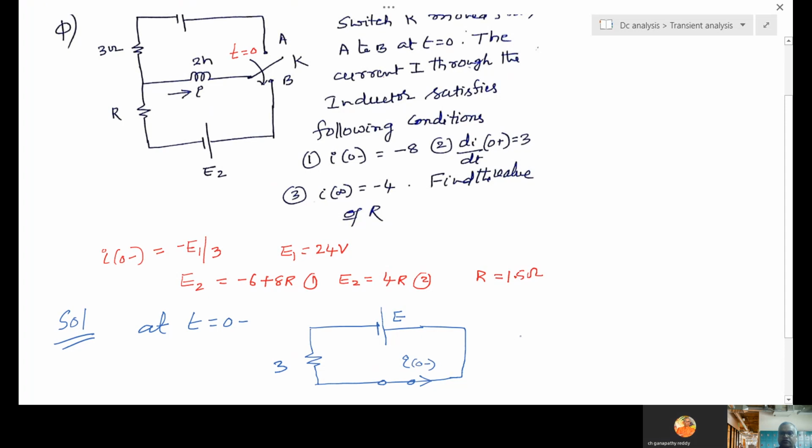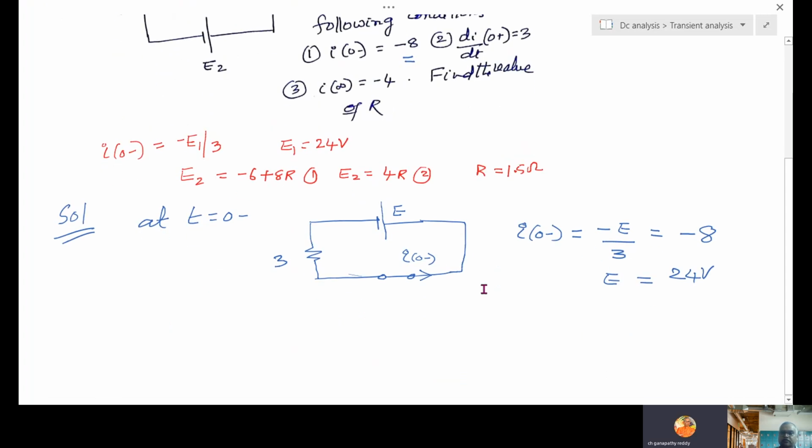Looking at this circuit, i(0-) is E by 3. Actually the current will flow like this, but we want the reverse, so minus E by 3. But in the given problem, i(0-) is minus 8. So solving for E, you get 24. That is one answer. With the help of this given data, we find out.